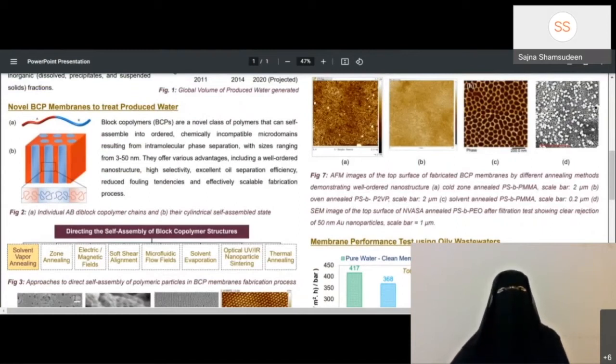This is a novel class of polymers that can self-assemble into uniform, chemically distinct microdomains, resulting from intermolecular phase separation. The sizes of these microdomains range from 3 to 50 nanometers. As a result, these membranes have a well-ordered nanostructure, offering high selectivity, low tortuosity, excellent oil separation efficiency, and reduced fouling tendencies.